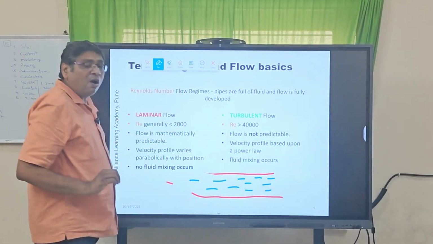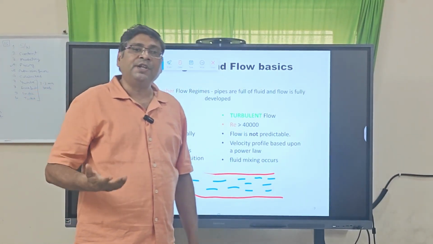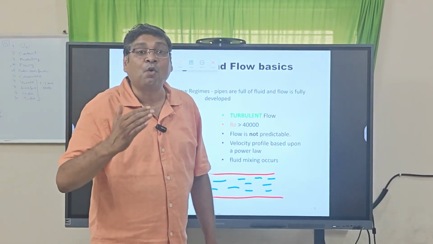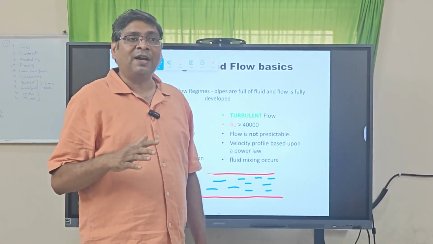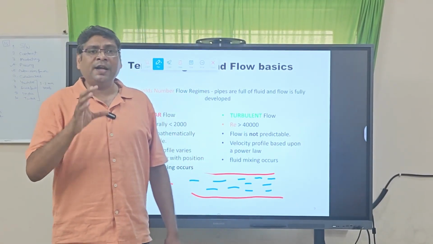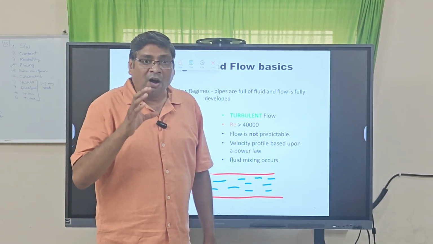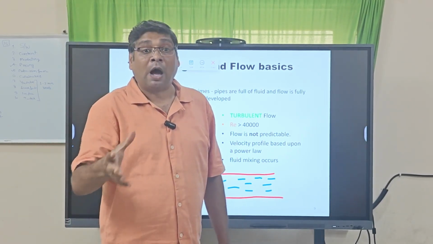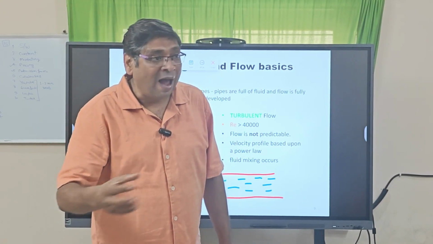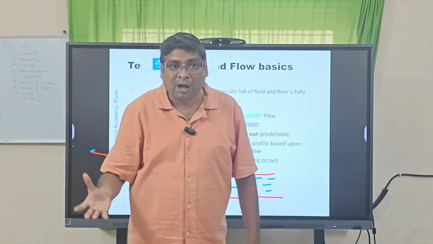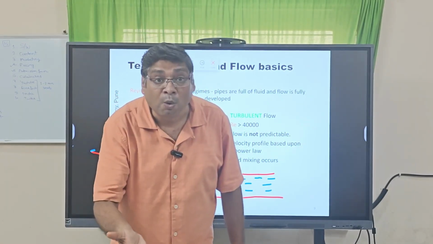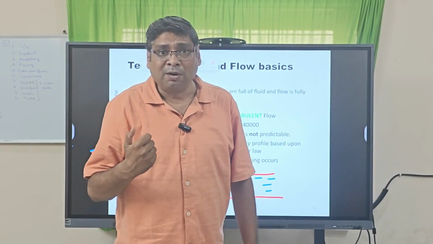Now I am telling you what is the meaning of fully developed profile. My dear friends, the answer is that the fully developed profile of any flow is a parabola. I will get some answers from you, the parabola, but I will ask how?